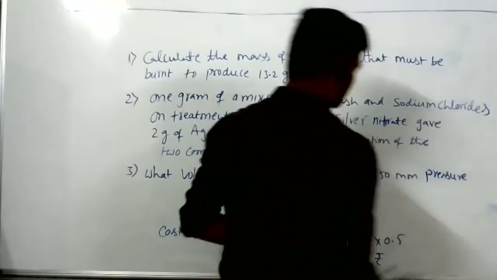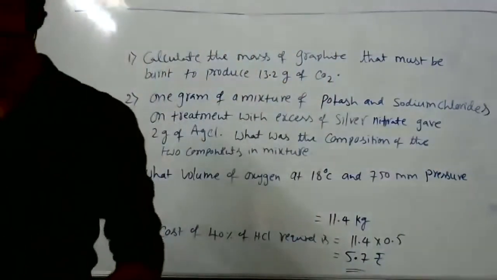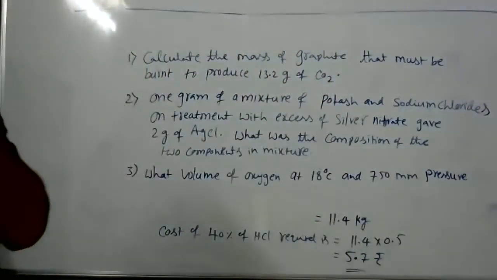Sometimes we use 750 mm of Hg, because we use mercury in barometers.